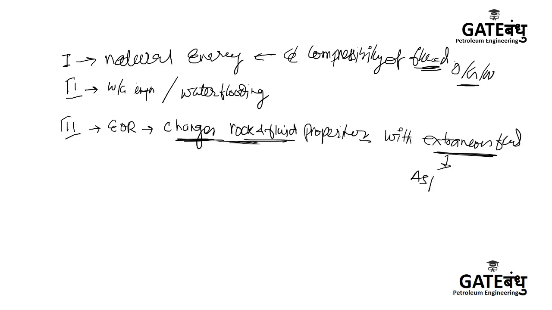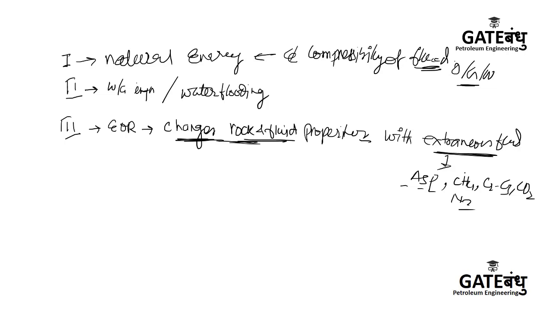Like we inject ASP, alkaline surfactant polymer, we inject CH4 for the miscible, we inject C2, C3, we inject CO2, we inject nitrogen. So when these extraneous fluids go inside the reservoir, they change the rock and fluid properties, and these changes help mobilize the reservoir.